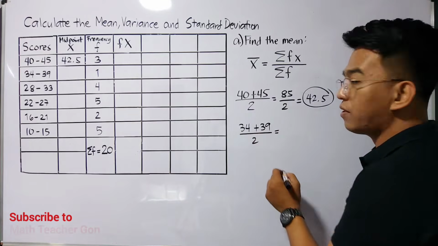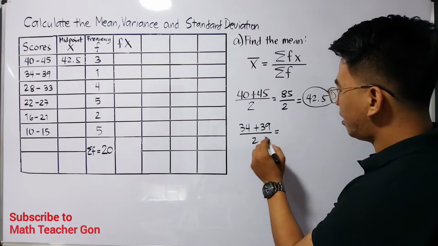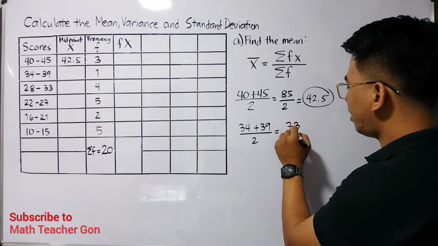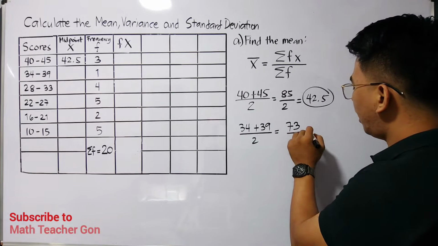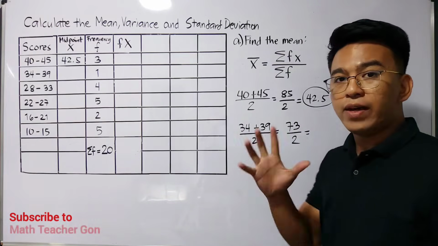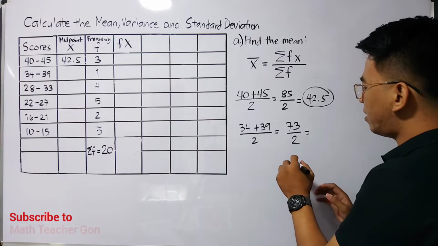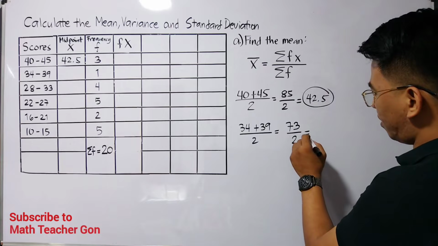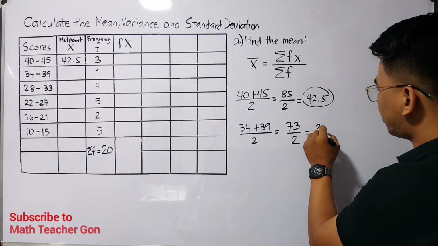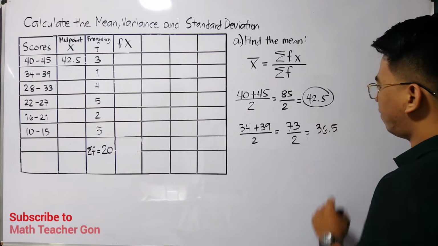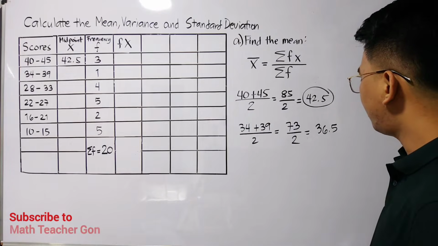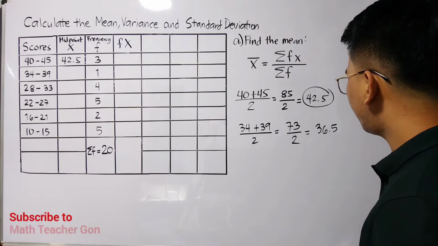So 34 plus 39 is simply 73 divided by 2. By the way guys, you can use your calculator. 73 divided by 2 is simply 36.5. Right? We have here 36.5.